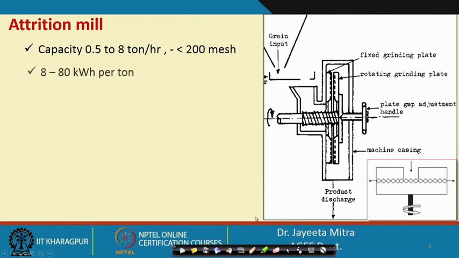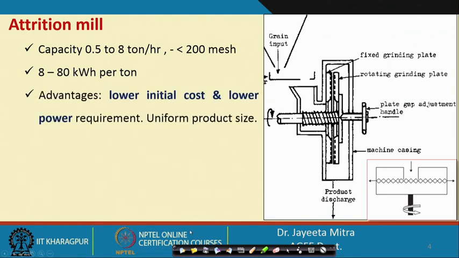So, very small to very large scale, that means home scale to large industrial scale production, can be done using attrition mills. The particles produced generally have less than 200 mesh size, and the power requirement is 8 to 80 kilowatt hour per ton.